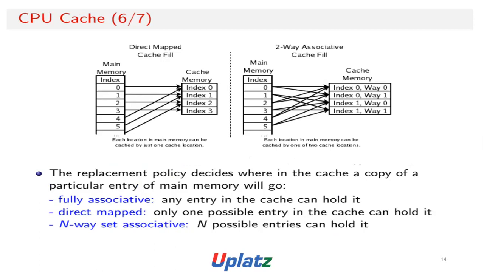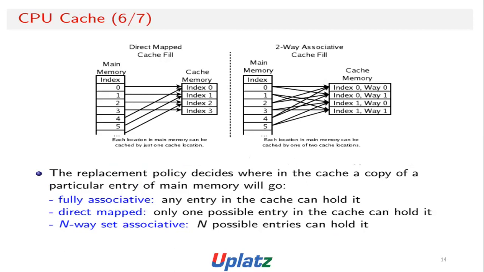In a direct-mapped cache, each location in the main memory can be cached by just one cache location. Otherwise, each location may be cached by one or more cache locations. The placement policy decides where the cache copy of a particular entry of main memory will go.